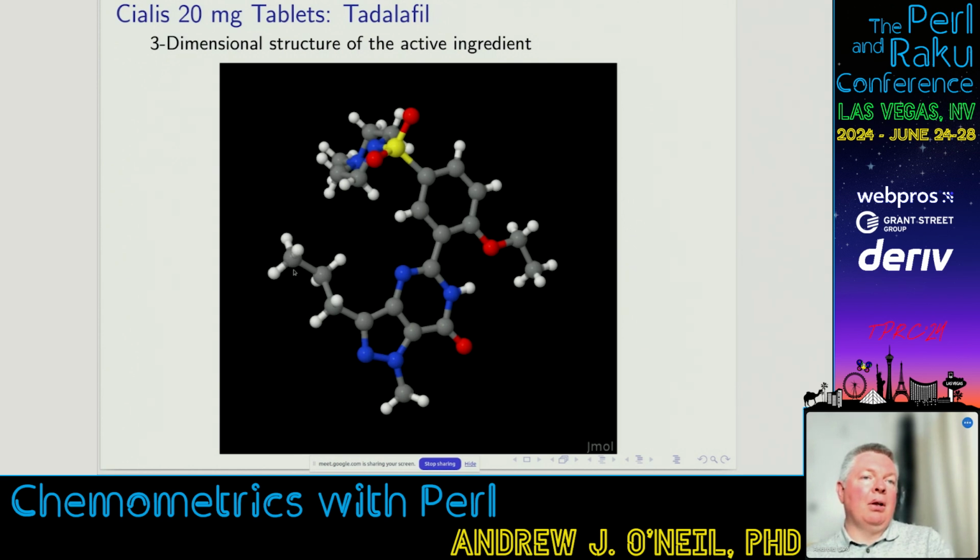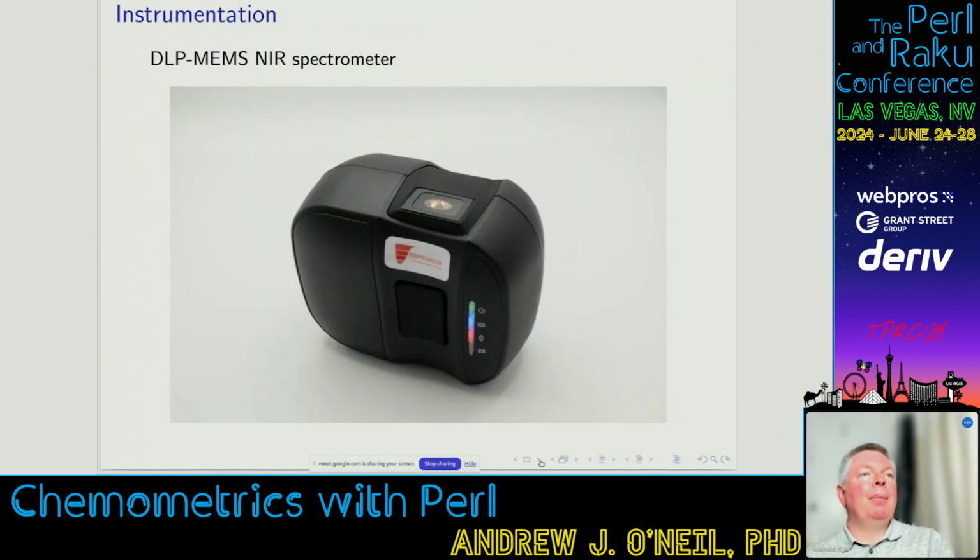So we've got lots of CH groups here, which are likely to show absorptions in the near infrared. We've also got nitrogen-hydrogen, so an NH, which should also be active in the near infrared region. So we should get interesting spectra.